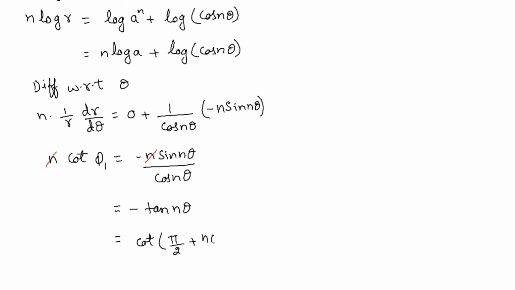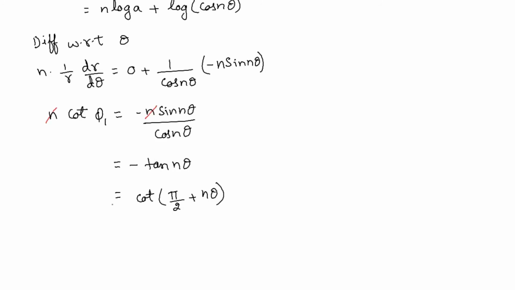So 90 plus n theta will be minus tan n theta. Since on the left hand side we have cot of phi 1, therefore we get the value of phi 1 to be equal to pi by 2 plus n theta. So therefore the value of phi 1 will be equal to pi by 2 plus n theta.